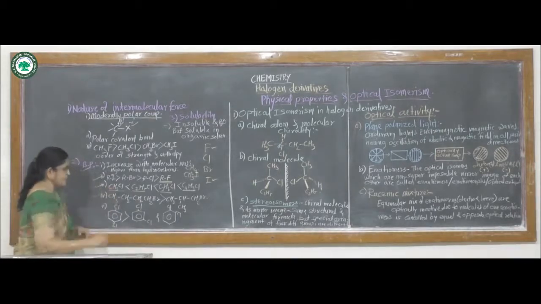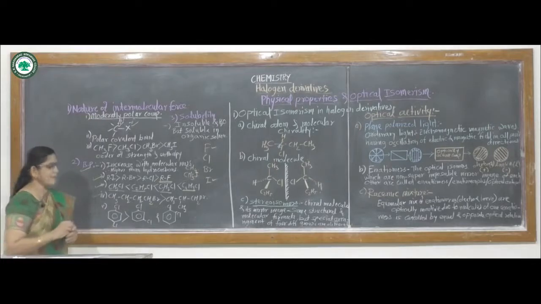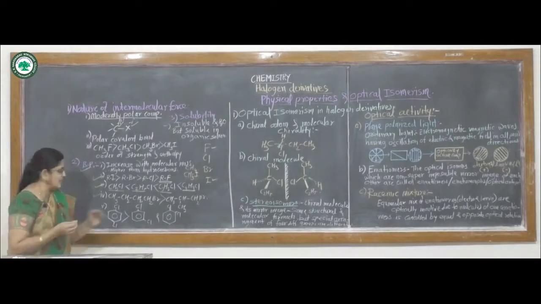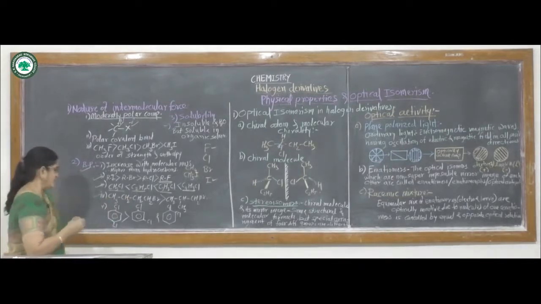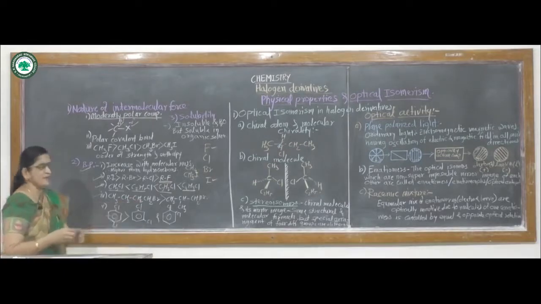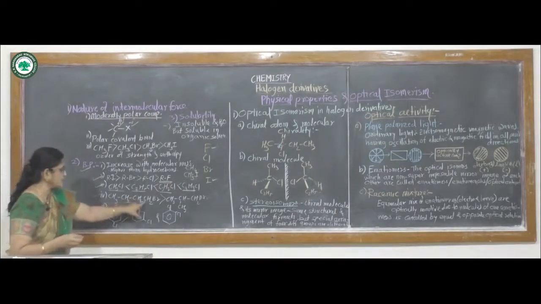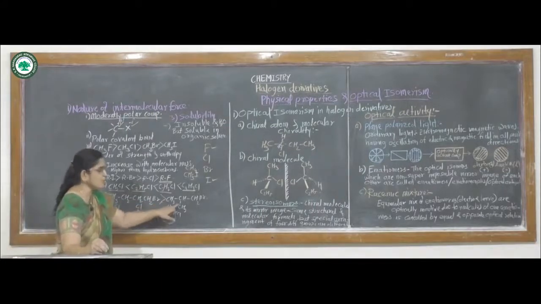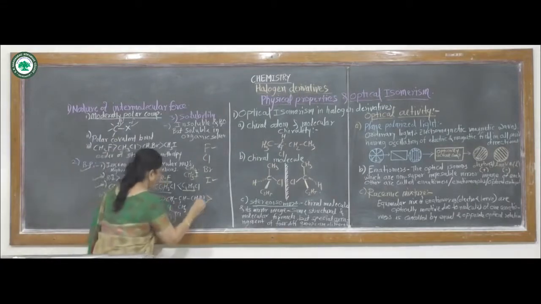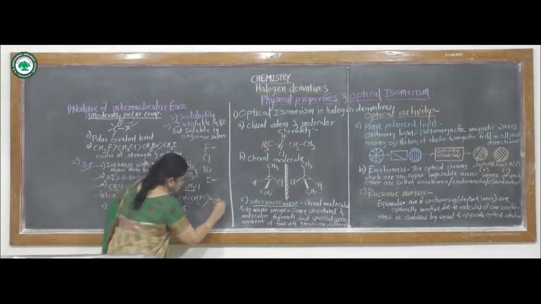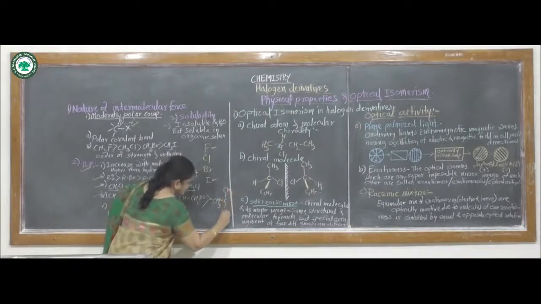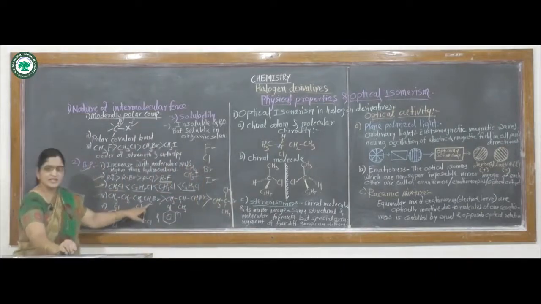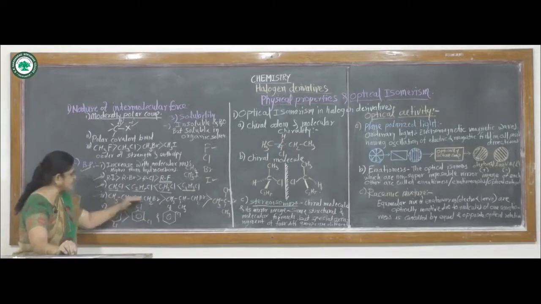Then the next point: in isomeric compounds, as the branching increases, the boiling point decreases. Suppose the first example is propyl bromide, CH3CH2CH2Br. The second isomer is isopropyl bromide, and the third isomer is, suppose, tertiary CH3, CH3, CH3 with Br. In the first compound there are no branches, it is a straight chain compound.